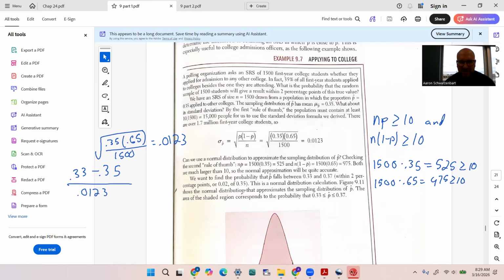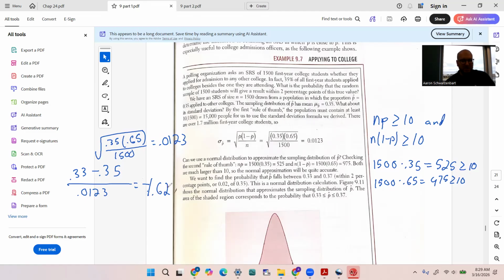Okay, what does that equal? Negative 1.63.